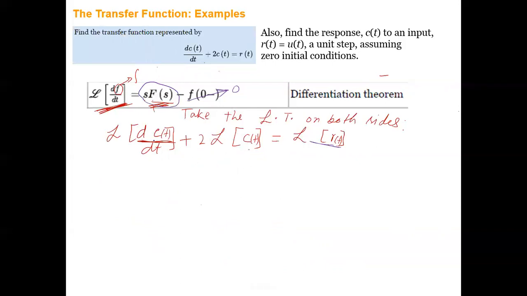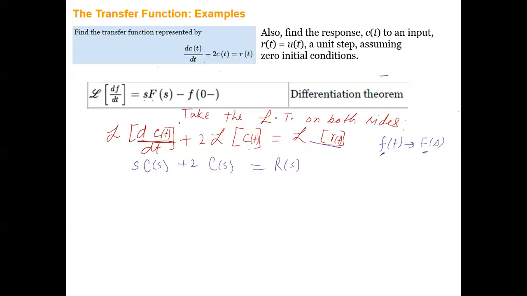So the Laplace transform of c(t) is big C(s), and 2 is 2. The Laplace transform of r(t) is big R(s), because the Laplace transform of a function f(t) is big F(s). See, little becomes big.